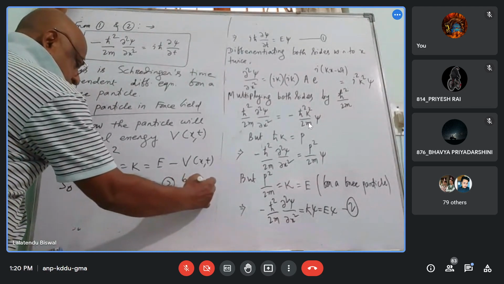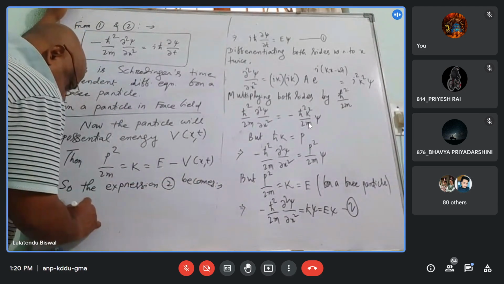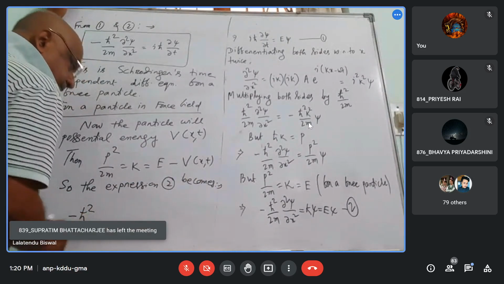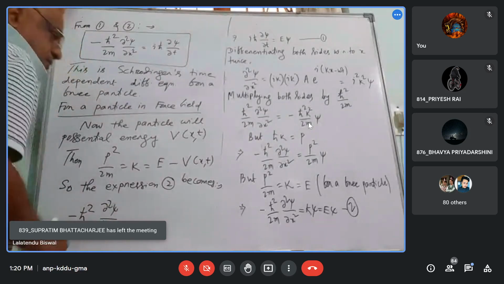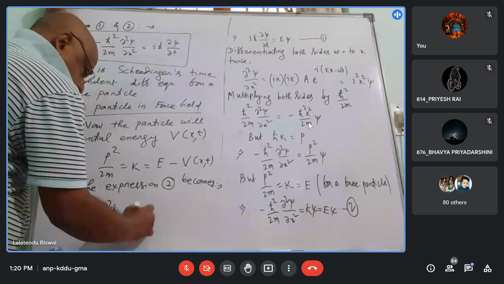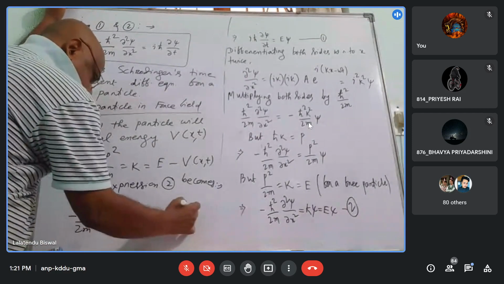So in this case, expression 2 becomes minus ħ² by 2m del² psi by del x² is equal to E minus V(x,t) whole into psi.